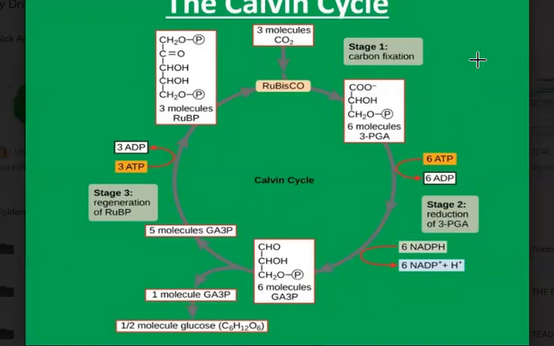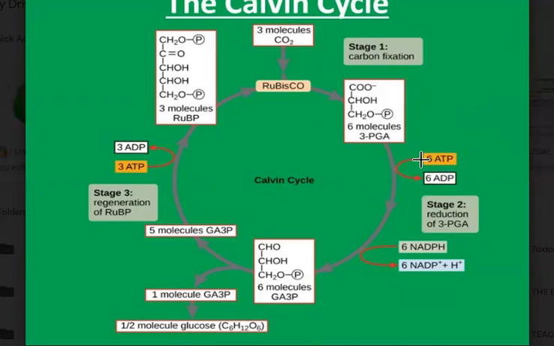So this is a diagram of what's happening in the cycle, the carbon cycle in diagrammatic form as we just described. Stage 1, the fixation, right? 3 molecules of carbon dioxide with a rubisco converts it to 3-PGA. That's the first stage, carbon fixation.